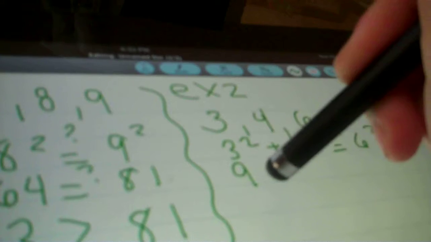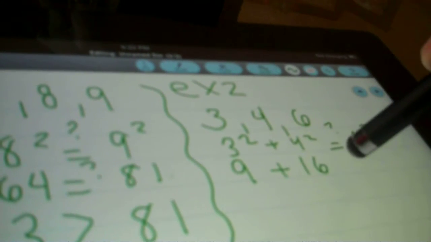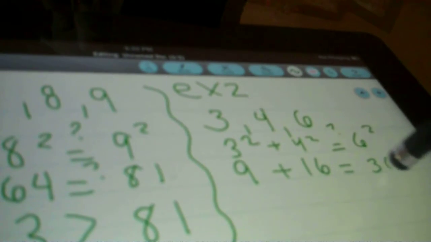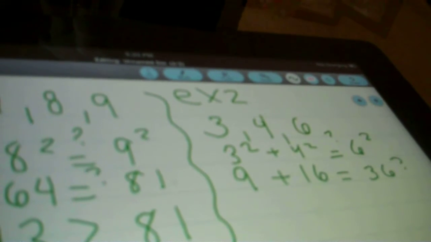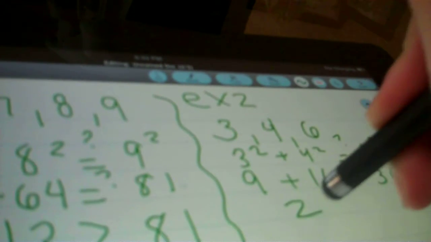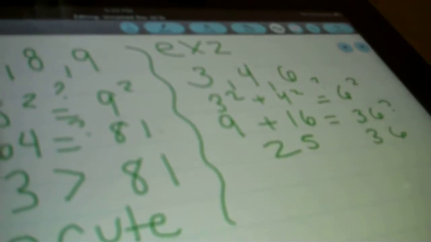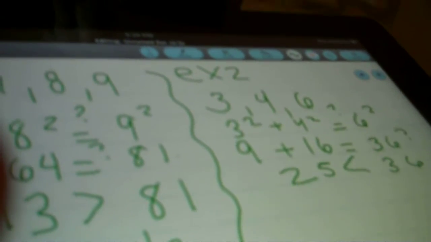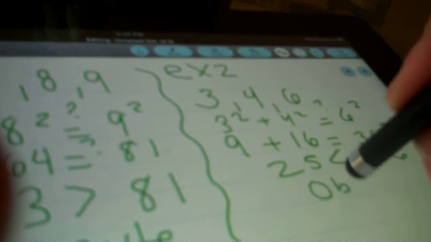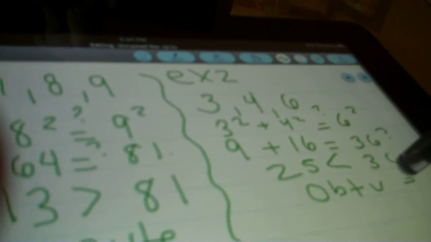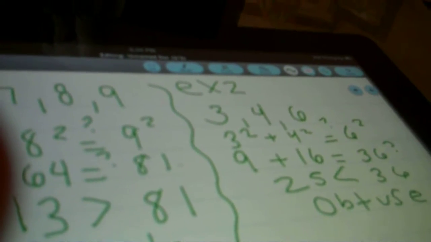So we get 9 plus 16. Does that equal 36? We end up with 25 and 36. So my Pac-Man is pointing to my 36, which tells me I have an obtuse triangle. Oops, obtuse.